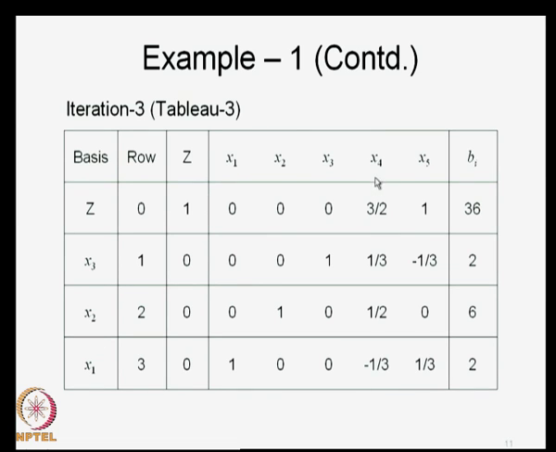However, if in a problem one or more of the currently non-basic variables has a coefficient of 0 in the final tableau, when your optimality criterion is met, what does that mean?